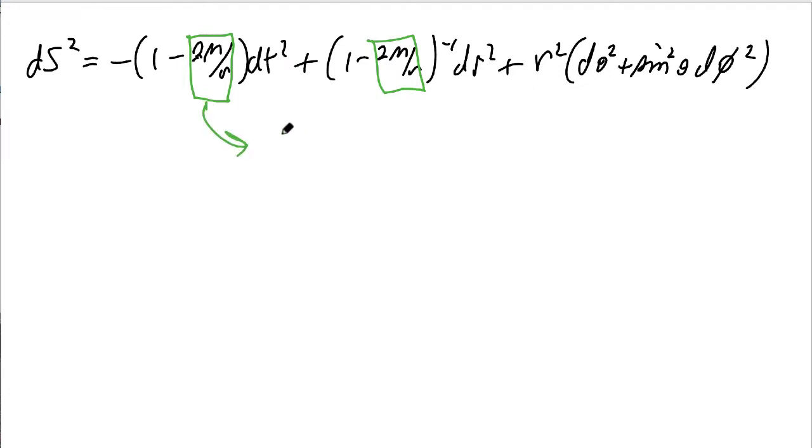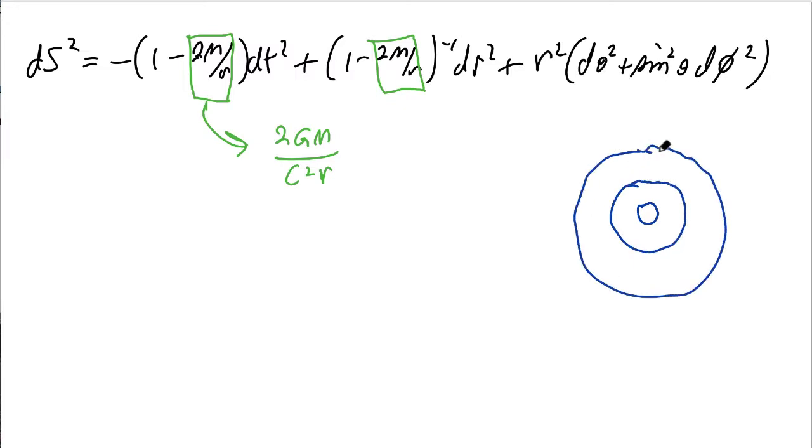This factor is really 2GM over c squared r. Now this coordinate r labels concentric spheres within the t equal constant static slices. So as r increases, we go to larger and larger area spheres, and of course this term goes to 0 as r increases to infinity.